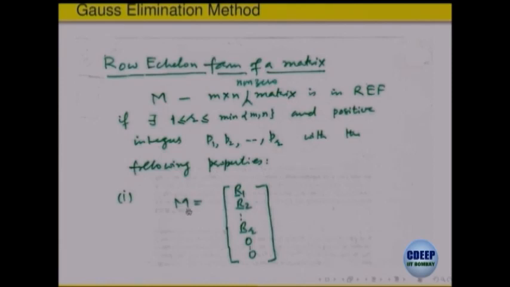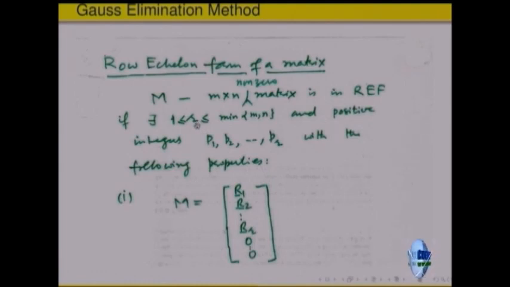The first property says the first r rows are possibly non-zero, row 1, row 2, up to row r. So, this is the number r which is appearing here, remaining are all 0 rows, the bottom is just 0. Okay. So, that is the characteristic property of this number r.